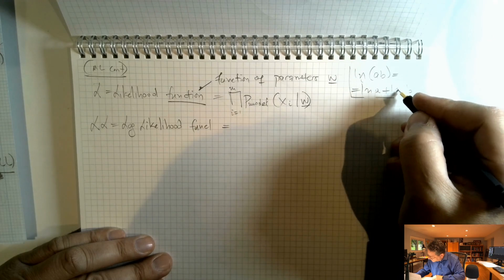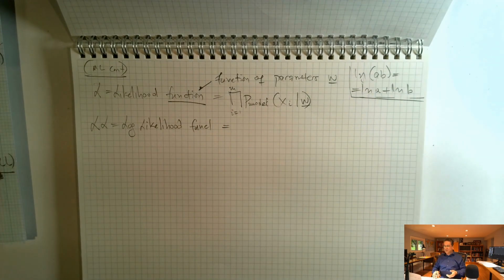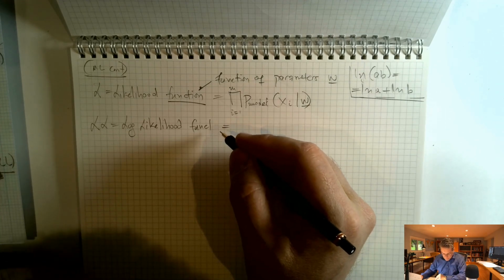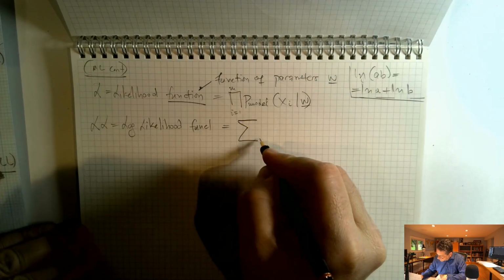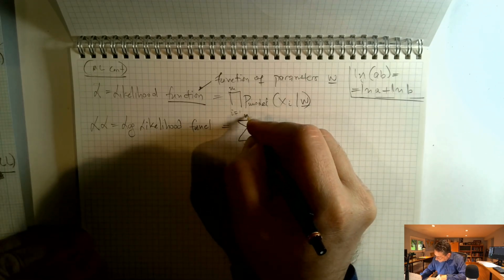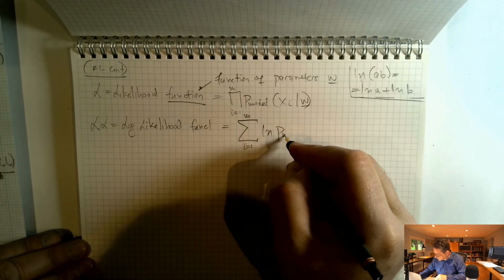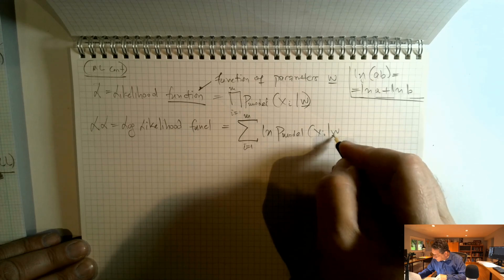I'm using the natural log here because we have a Gaussian, and the Gaussian has exponents, and therefore the natural log results in something which is easy for us to absorb. All right, so it's going to be the summation from i equals 1 to M of the ln of the P model of Xi given W.